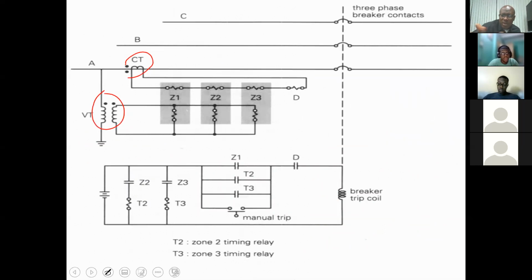Okay, because all three are on the same device. The zone 1 coil, the zone 2 coil, the zone 3 coil. All right? Now, based on what you are seeing before you, you recognize that all three of them would experience the fault at the same time.